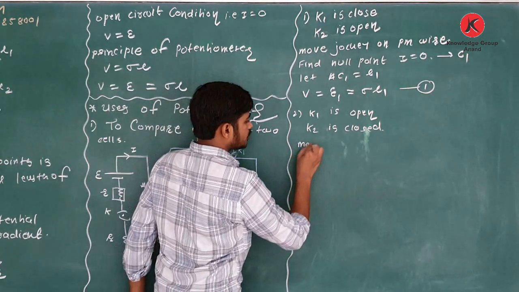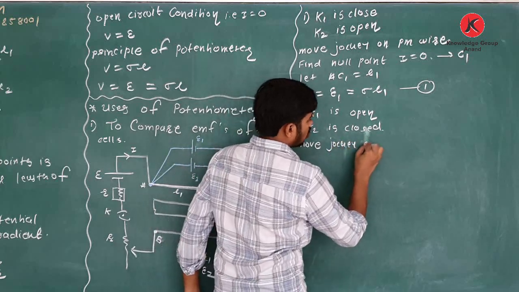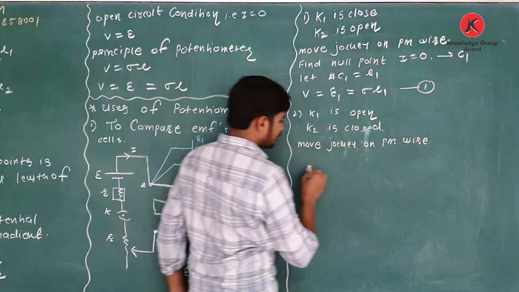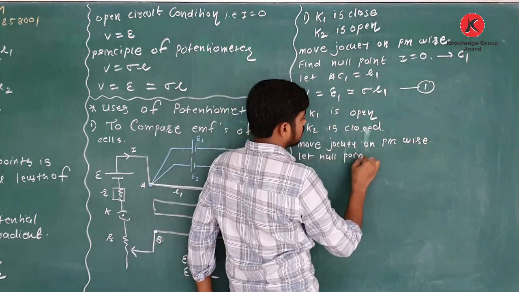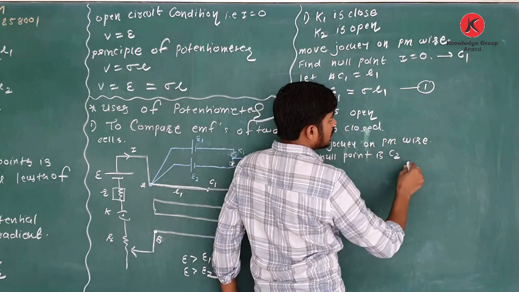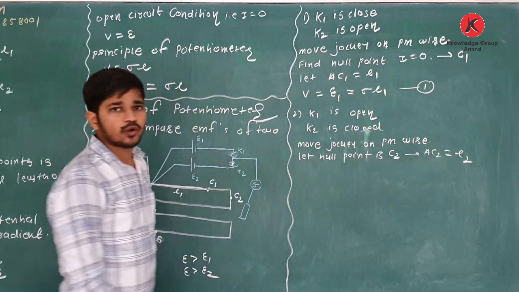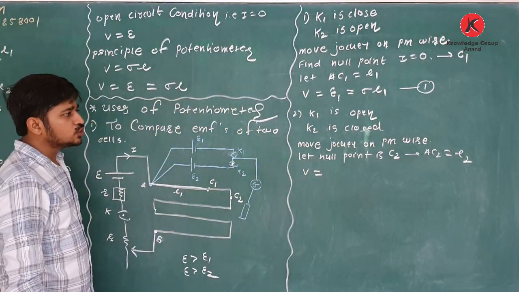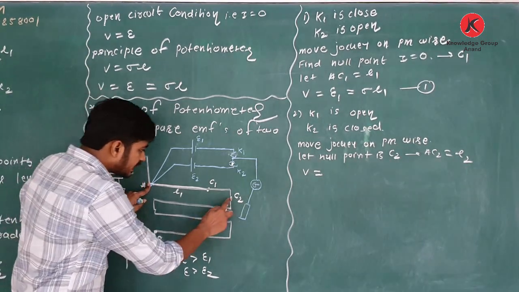So here you have to again move the jockey on the potentiometer wire. Let the null point be C2 and AC2 be equal to L2. Then how to write? V is equal to the potential difference between the two ends of this wire AC2.